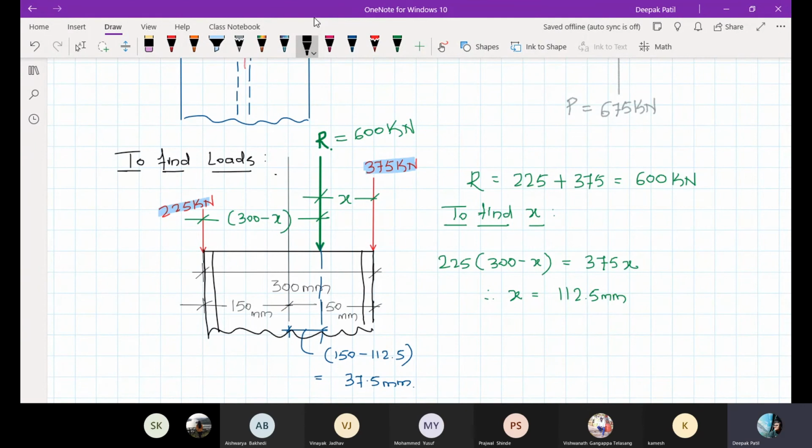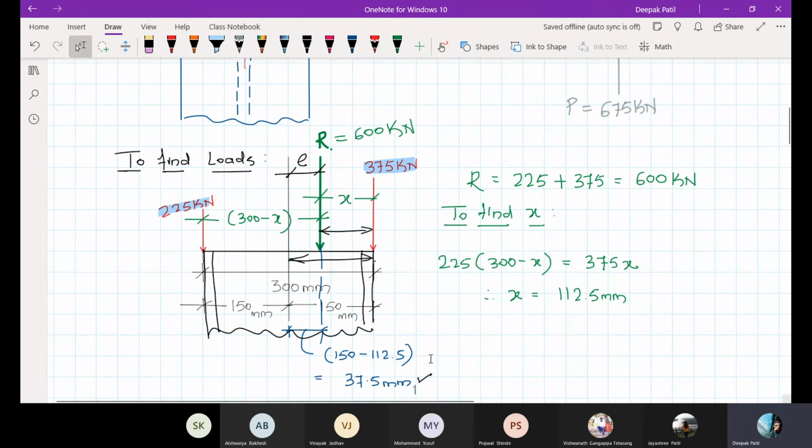Eccentricity is nothing but the distance between the axial line of the column and the line of action of the resultant. From here to here, the total is 150, and this distance you know as 112.5. So this distance is 150 minus 112.5, which is 37.5.